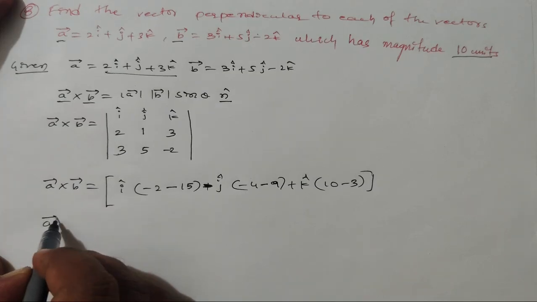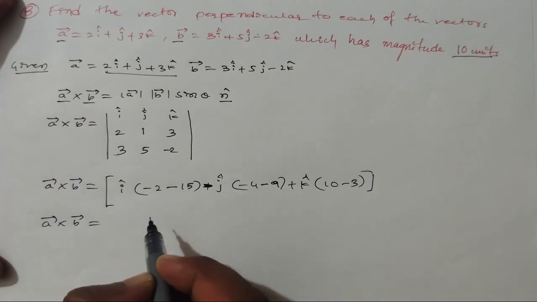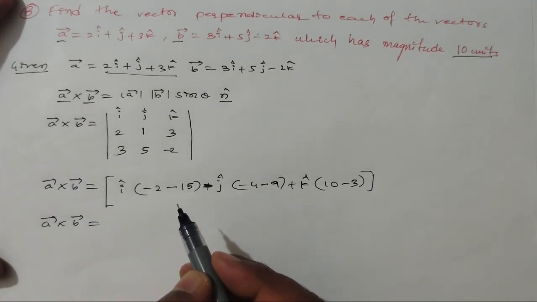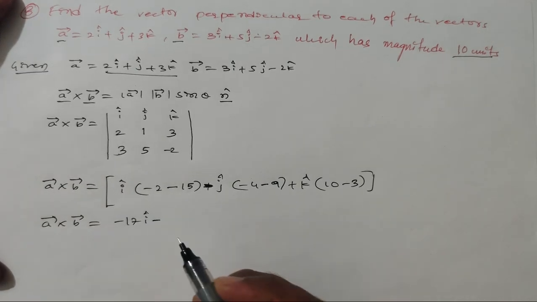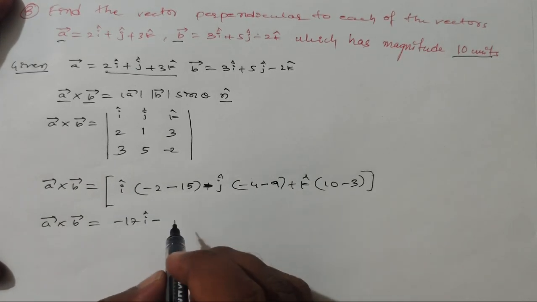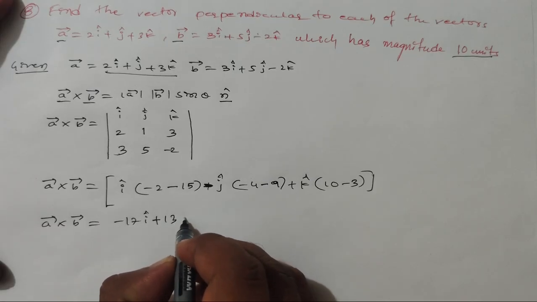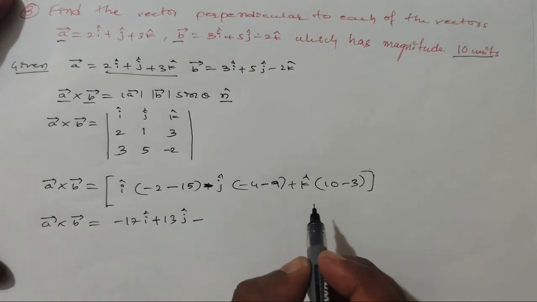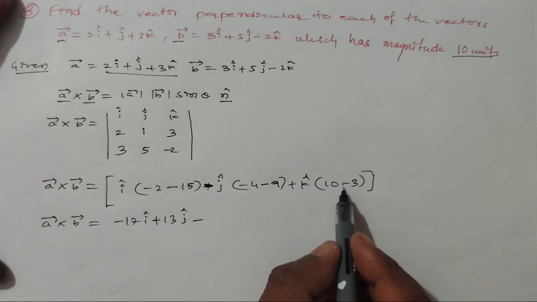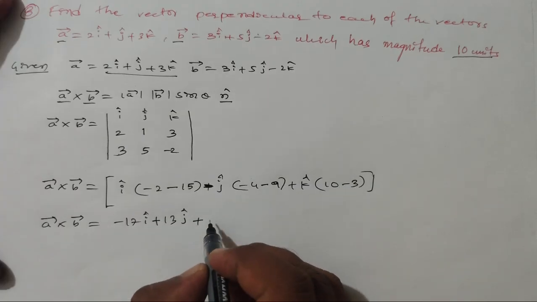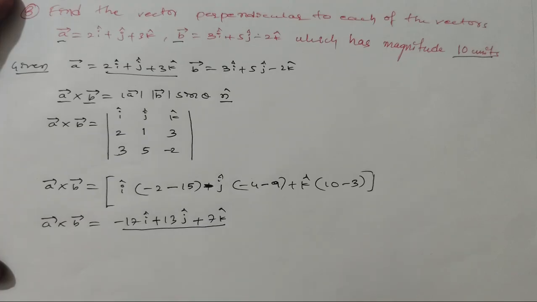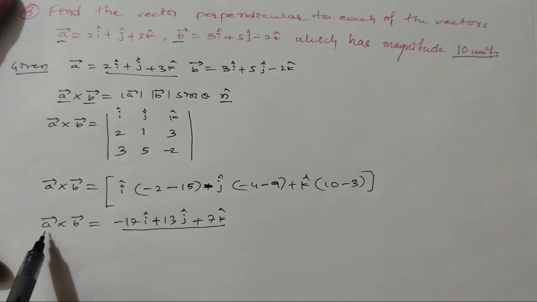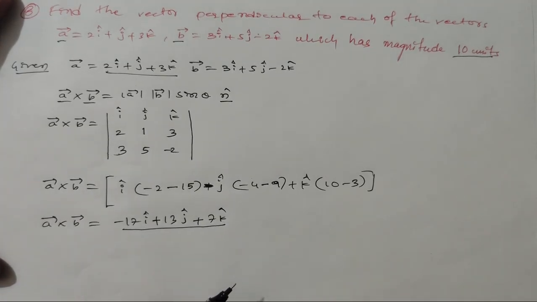That is a cross b equal to minus 2 minus 15 is minus 17 i cap, next minus 4 minus 9, minus minus 13, plus 13 j cap, next 10 minus 3 becomes 7 k cap. This vector is perpendicular to a vector and b vector, right?